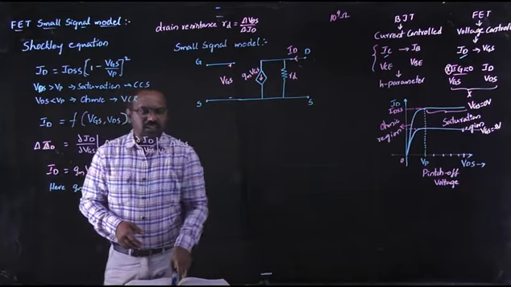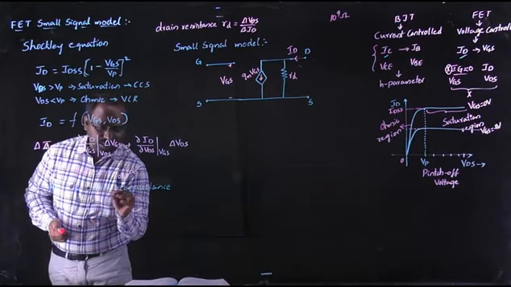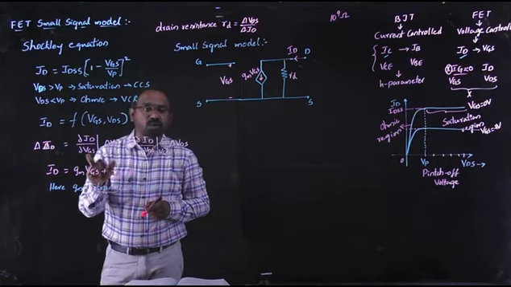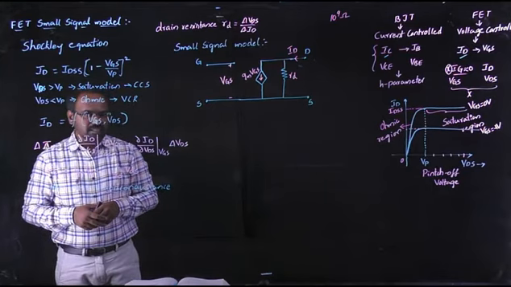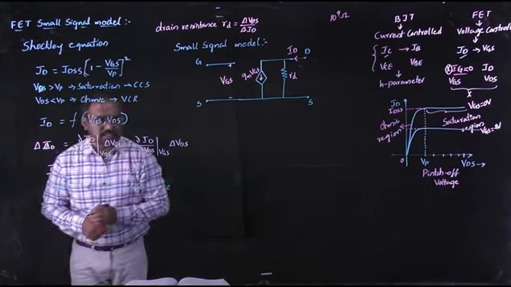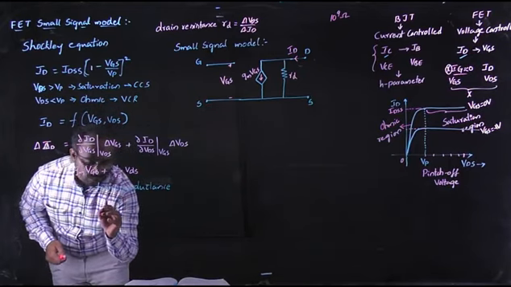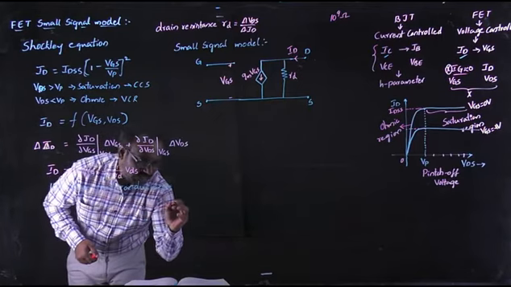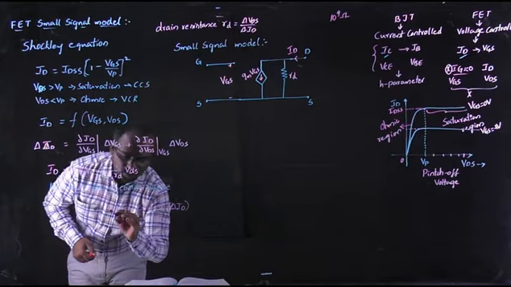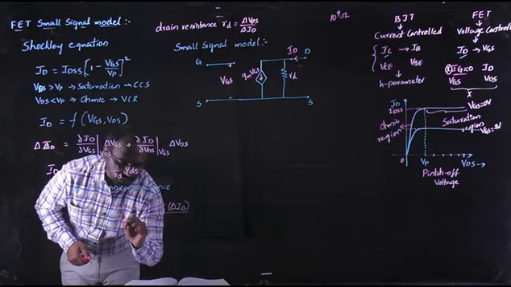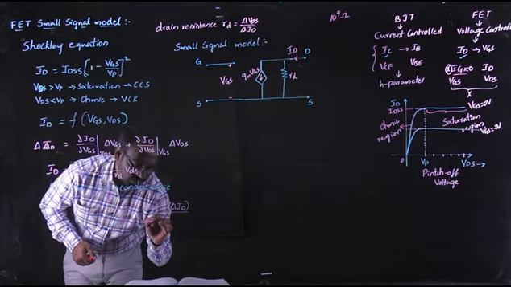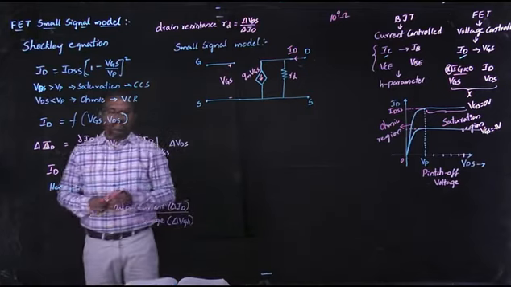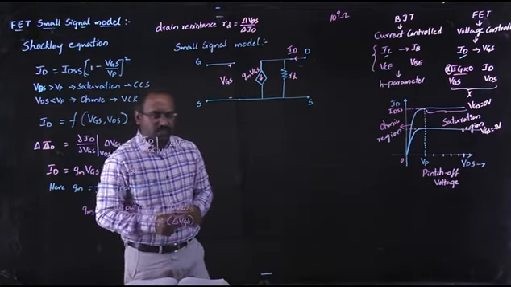But the term trans came here because it is the ratio of the output current to the input voltage. Understand? So gm is the ratio of the output current ID to the input voltage, delta VGS. That is the reason why I call it a trans parameter.